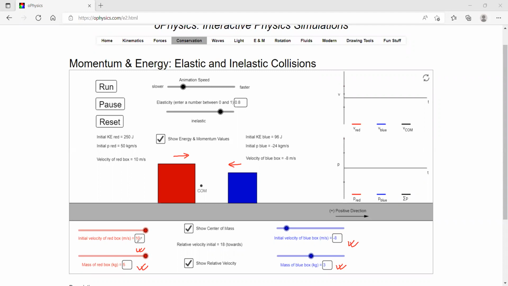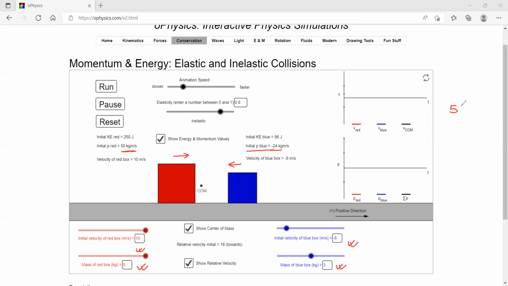Now if you multiply, 5 times 10 is 50. So the initial momentum for the red one is 50 kilogram meters per second, and the same here, 3 times minus 8 is minus 24. So the initial momentum for the blue is minus 24 kilogram meters per second.